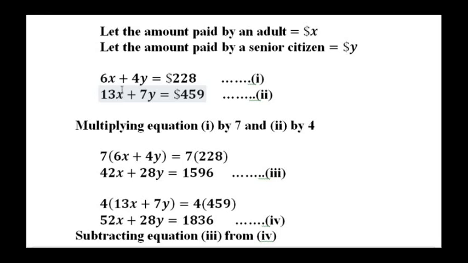In the first equation, the coefficients of the variables x and y are 6 and 4, while the coefficients of the variables in equation 2 are 13 and 7. To make any one of the coefficients the same, I'll multiply these equations by 7 and 4.